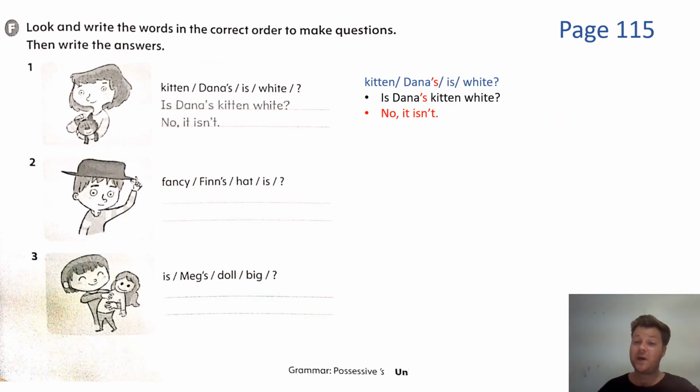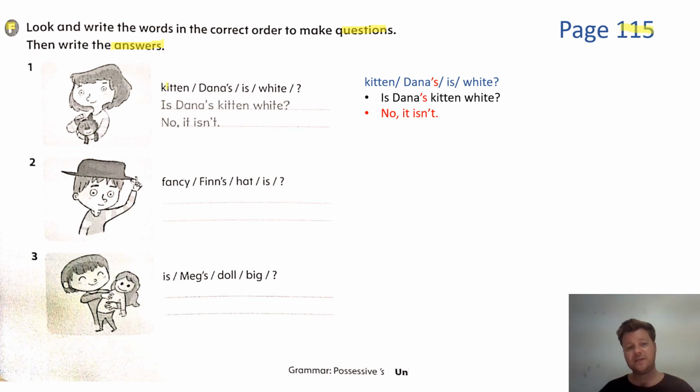Students, on page 115, we're also going to complete question F, and we are going to look and write the words in the correct order to make questions and also write the answers. I have done example number 1 with you. So let's look at the words we have.